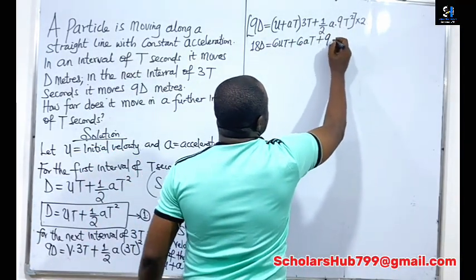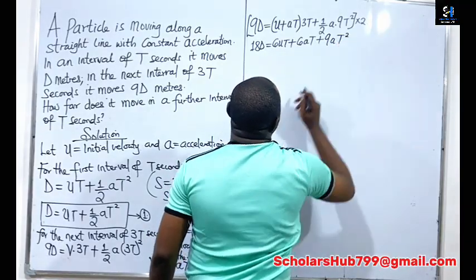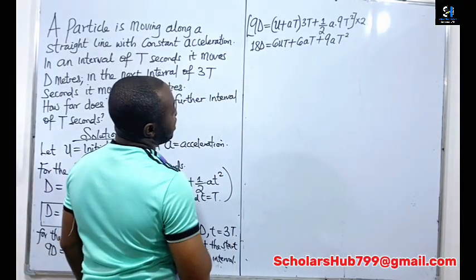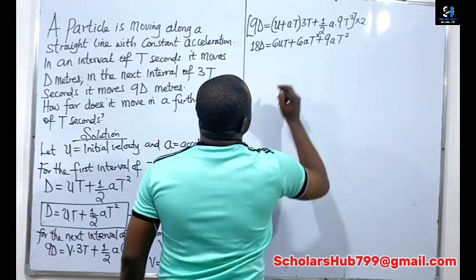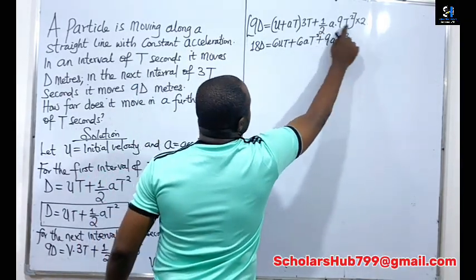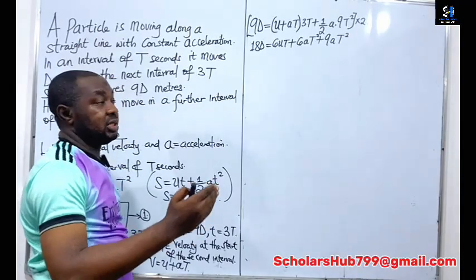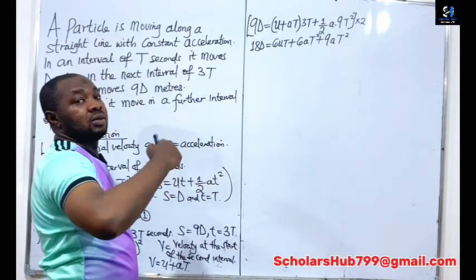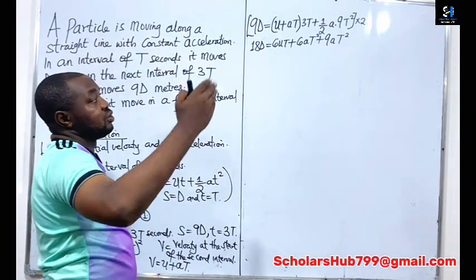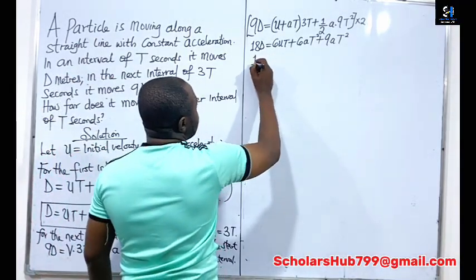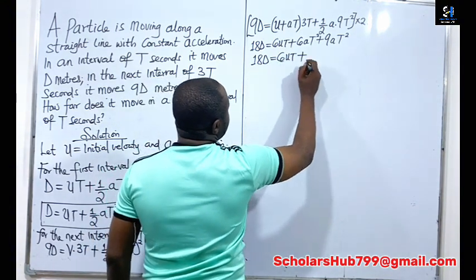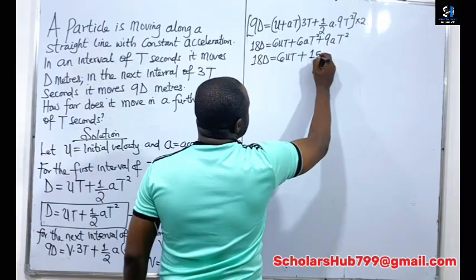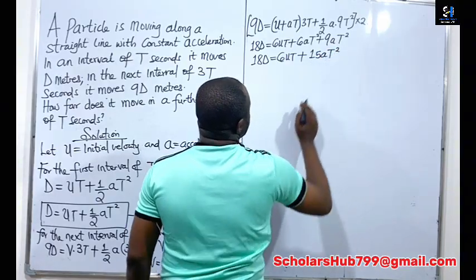That will be 9at squared. So all of this will be 18d equals 6ut plus 15at squared.